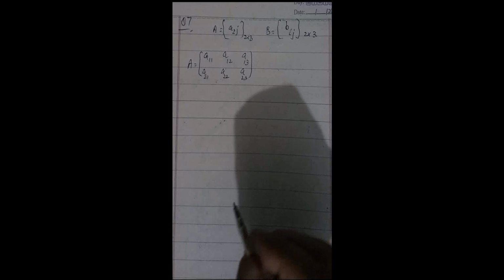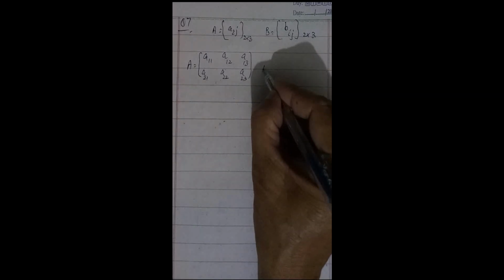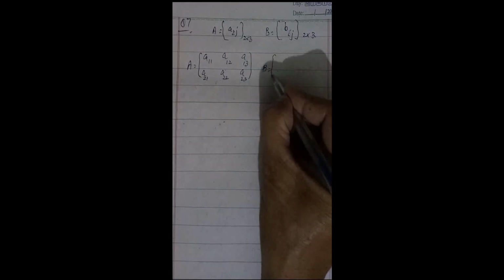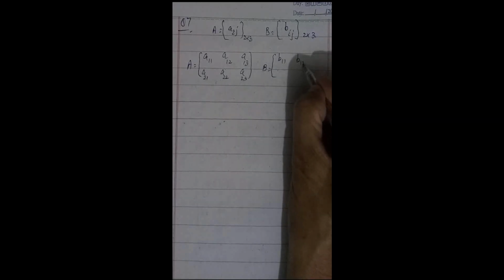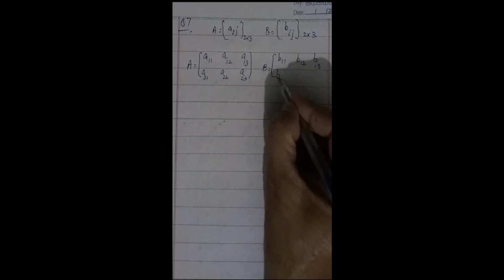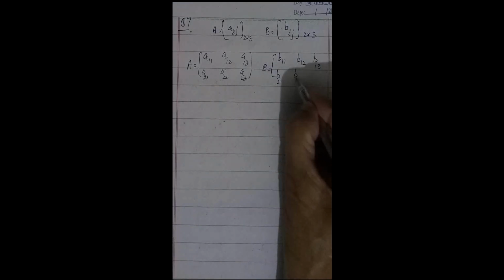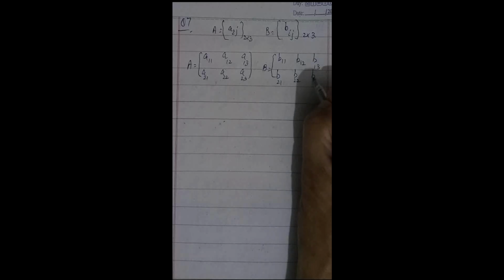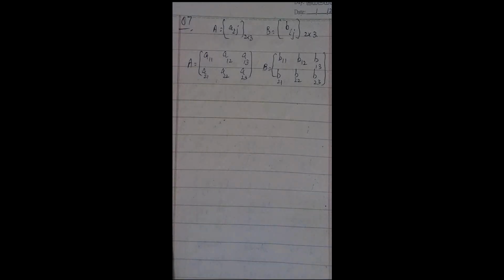This is matrix A, and the matrix B is B11, B12, B13, and second is B21, B22, and B23.